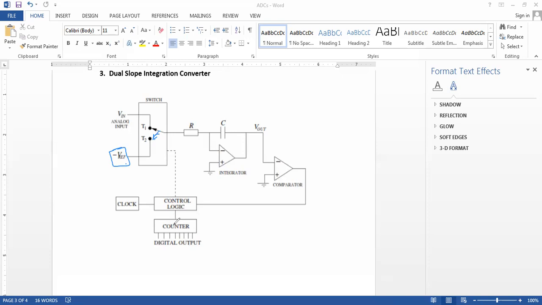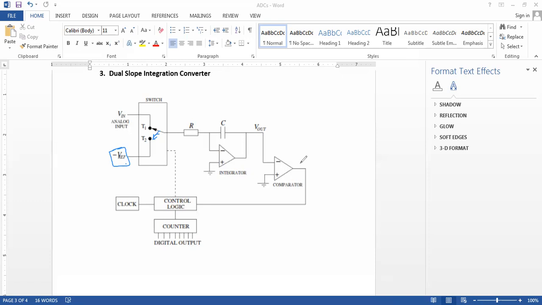When the capacitor has fully discharged, the comparator output level goes to 0. When our V out is 0 and the potential at the positive input terminal is 0, the output of the comparator will go low.